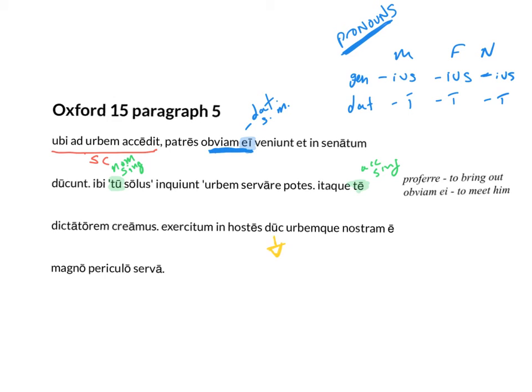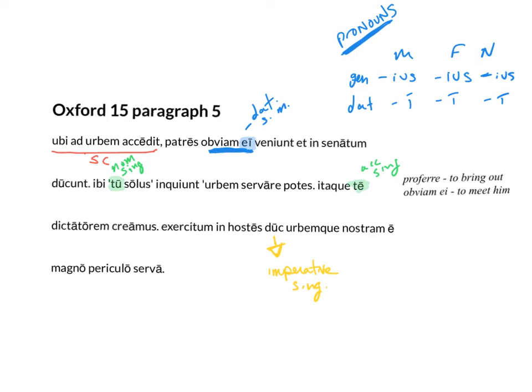All right, this is our imperative. Remember, we would learn these irregular imperatives. So it's your imperative, singular. Remember the verbs that we learned usually only have the irregular in the singular. So you would go back to ducite if you want to say you all lead.